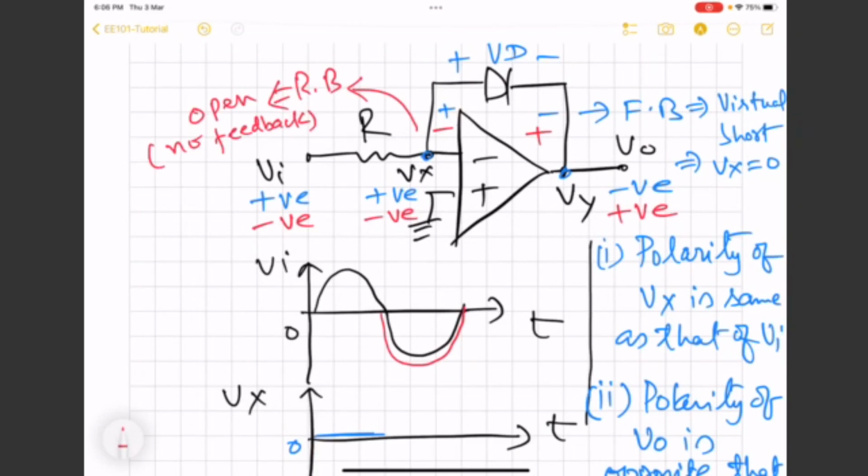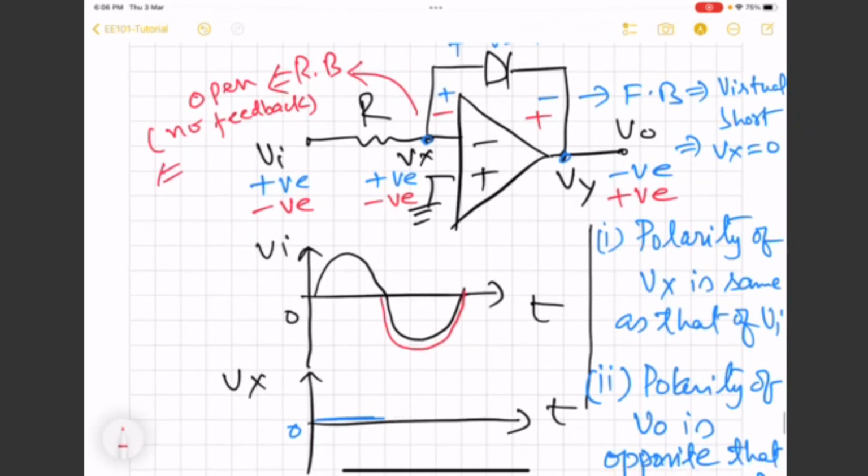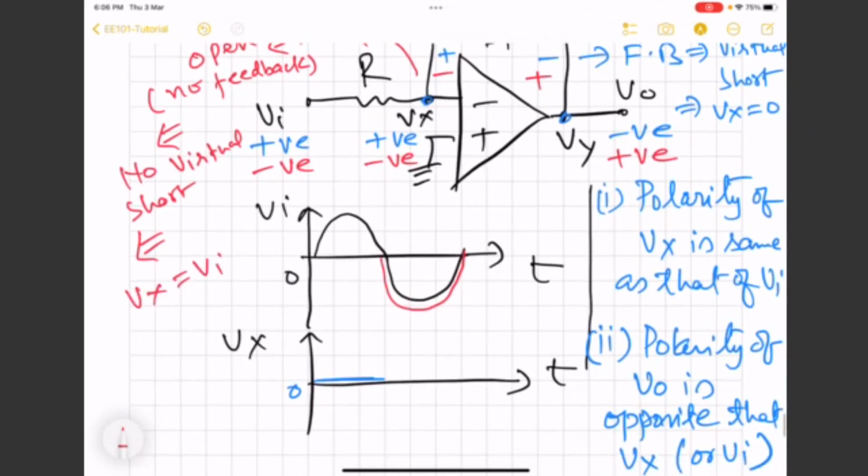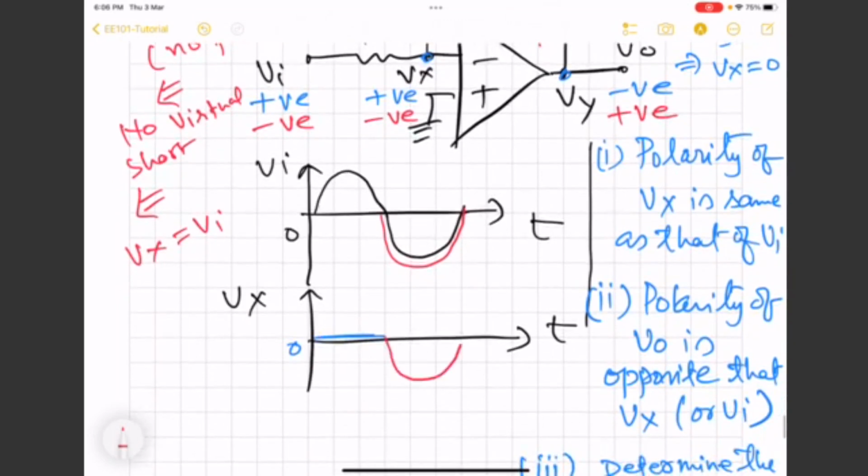So path is broken. That means no virtual short. So this implies Vx is going to be same as Vi. So in this case, we are going to get this kind of output. So we again have half rectification, but this time we are getting the second half of the input.